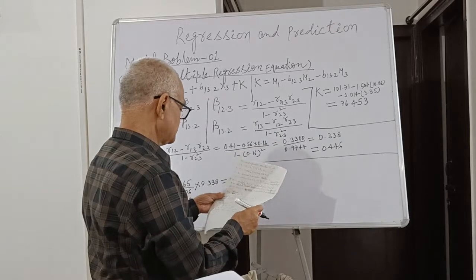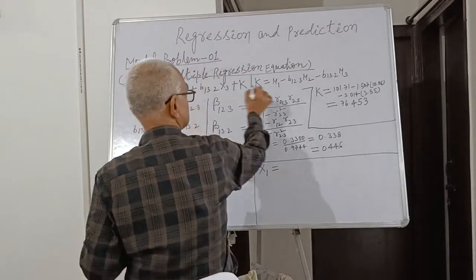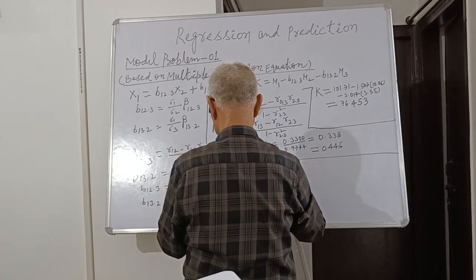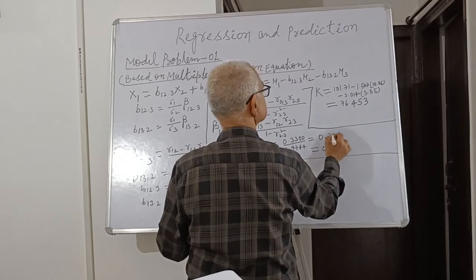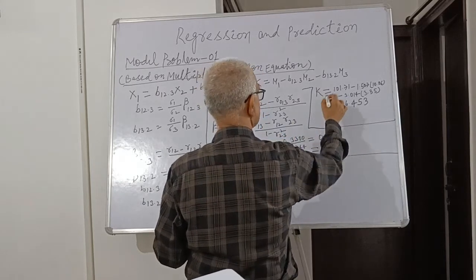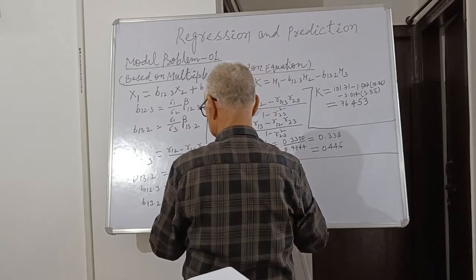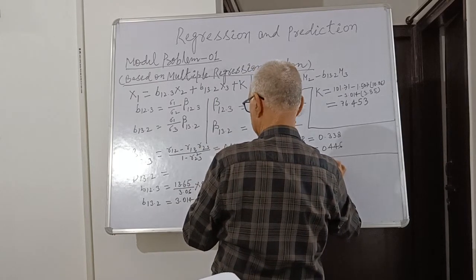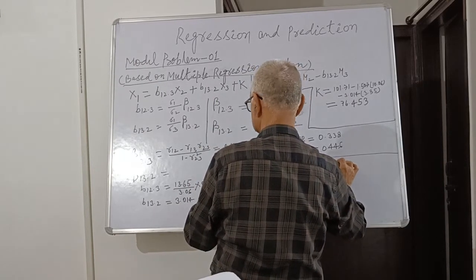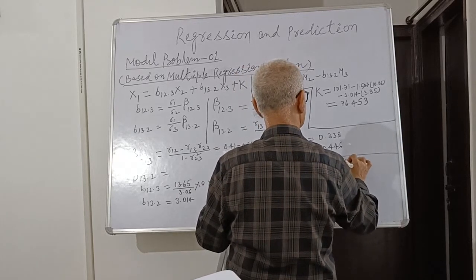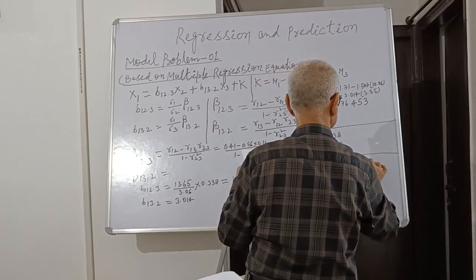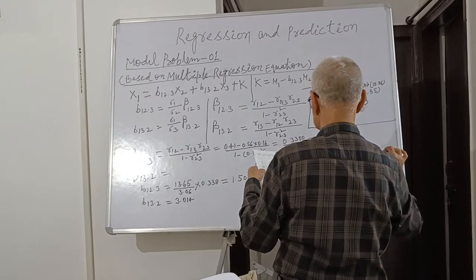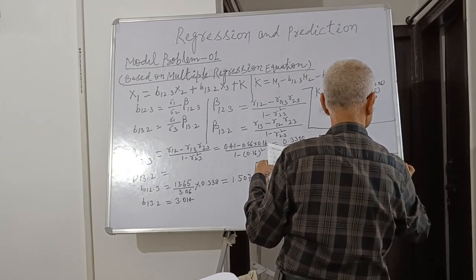By solving you will see that this is the final equation that forms: x1 is equal to 1.507 into x2, plus 3.014 x3, and plus 76.453.